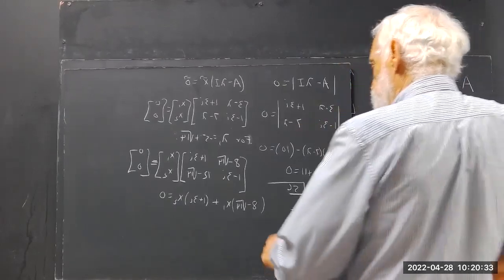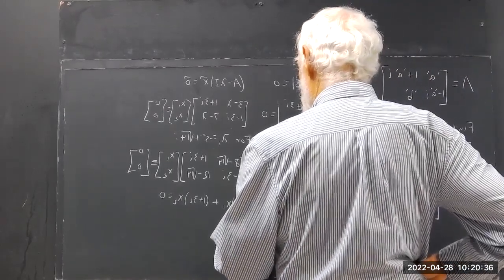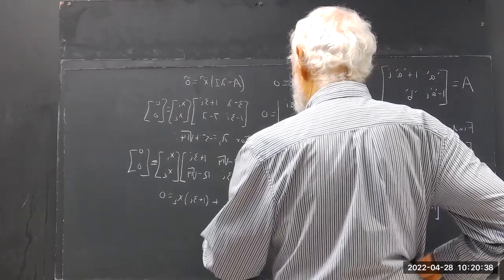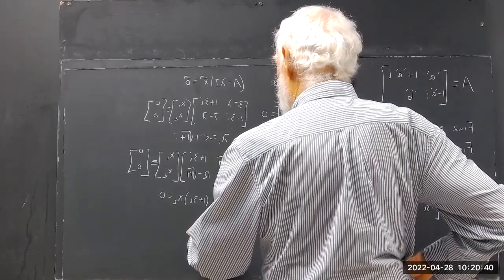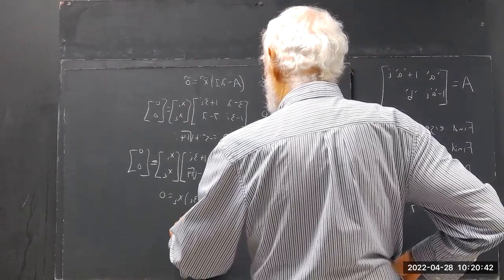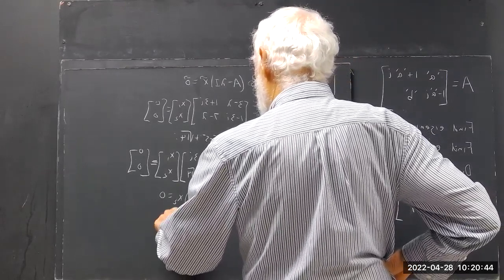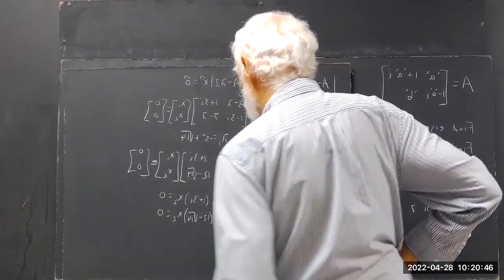And also 1 minus 3i x1 plus 12 minus the square root of 14 x2 equals 0.